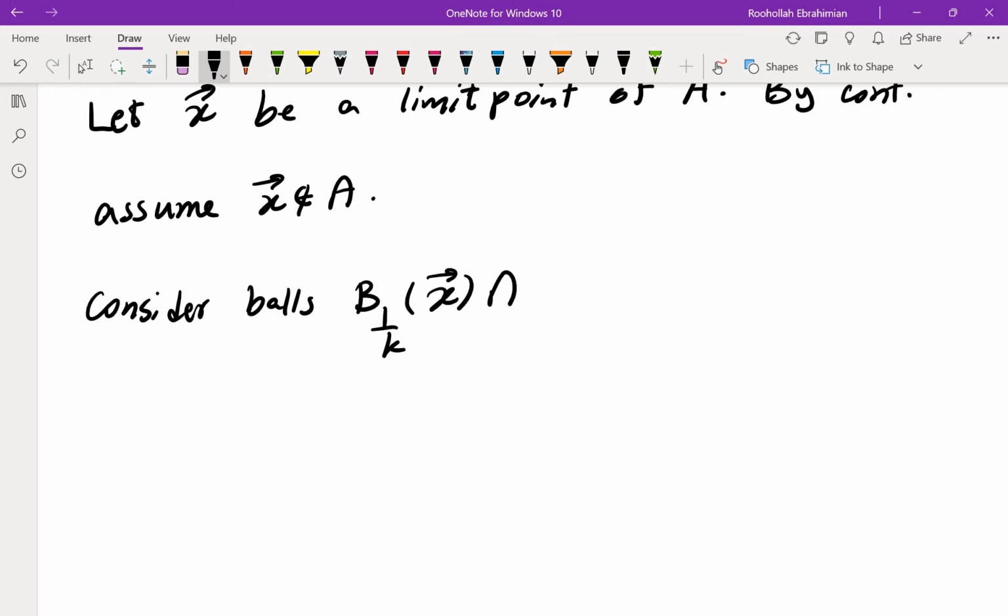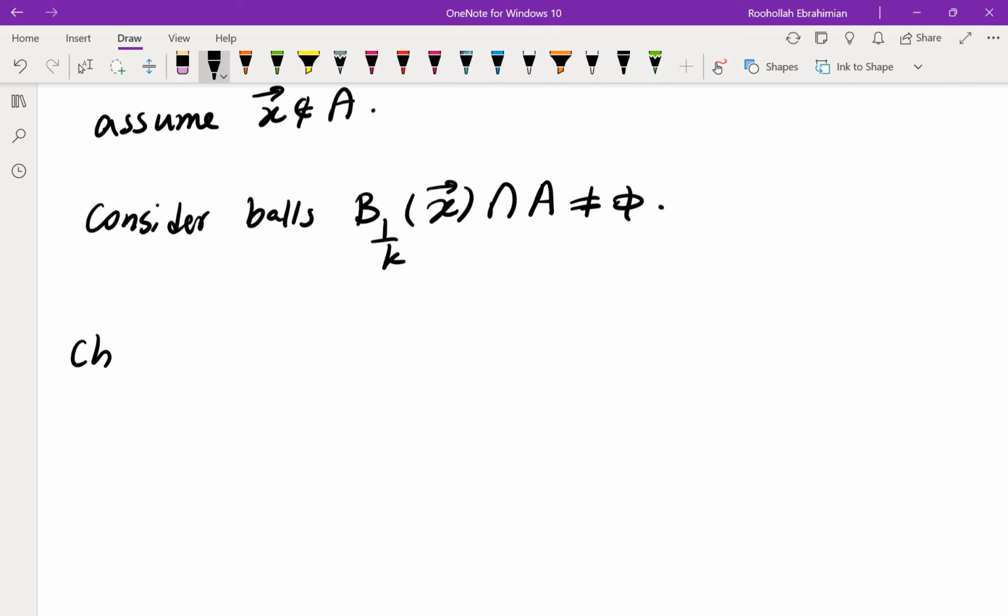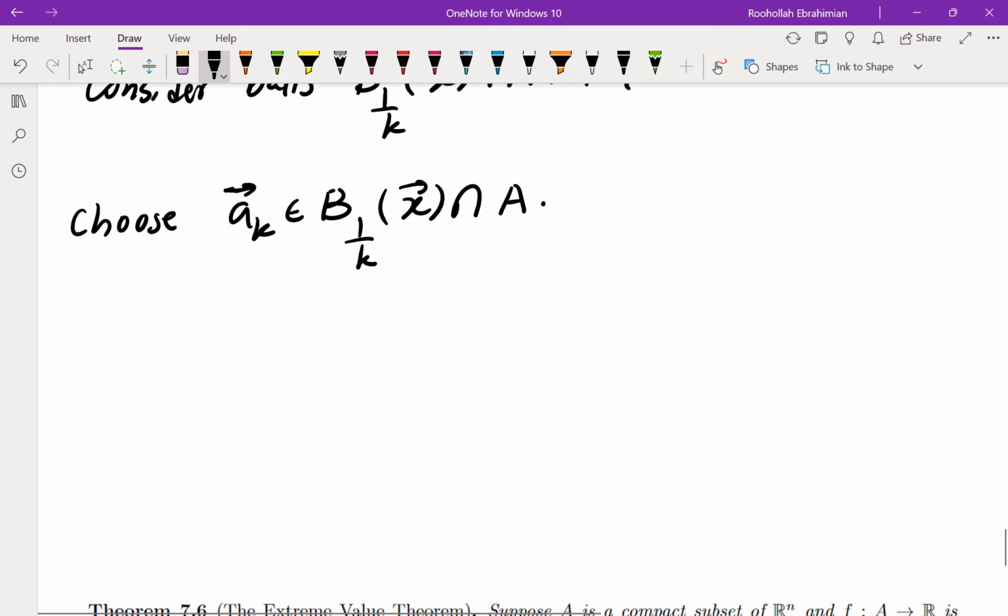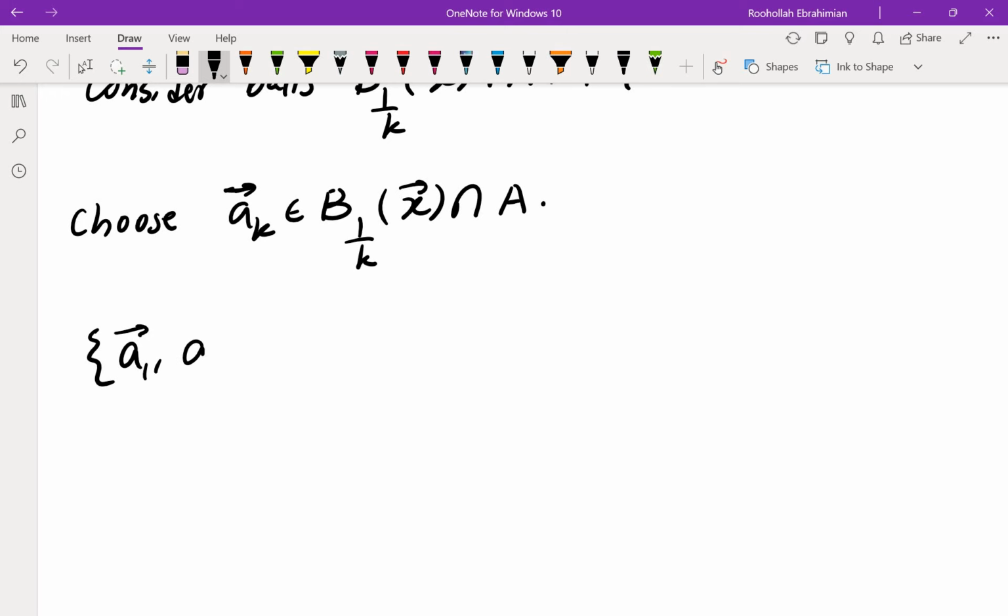Now this ball intersection with A is not empty because X is a limit point. So that means you can find an element in here. So choose a point AK inside this ball of radius 1 over K centered at X that is also in A. Now this would be an infinite set because the points get closer and closer to X, and X is not in A. So this infinite set A1, A2, and so on.